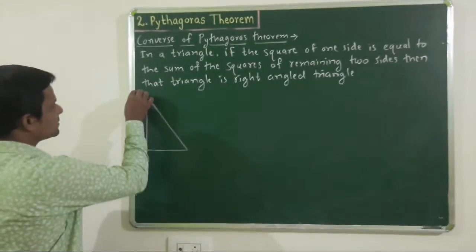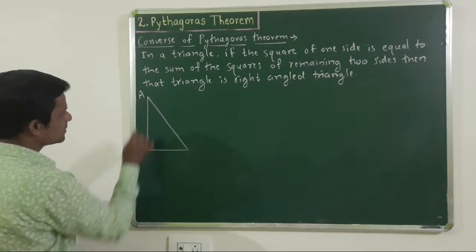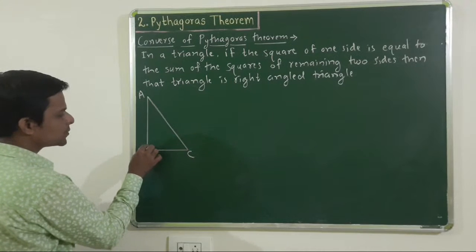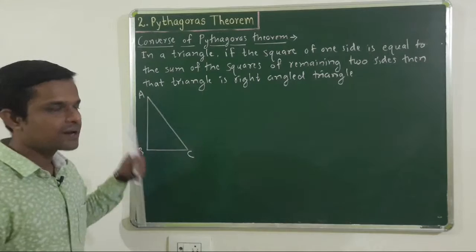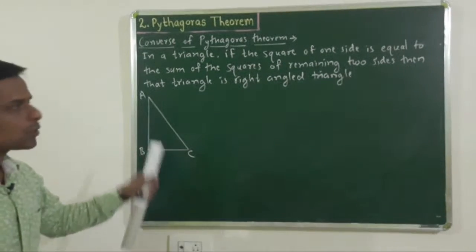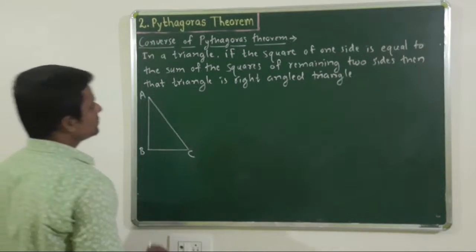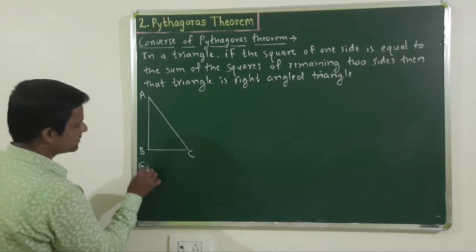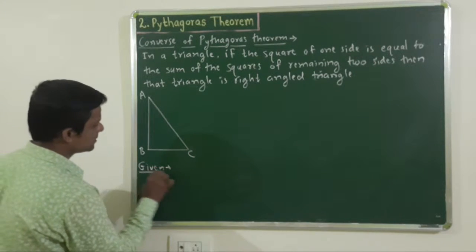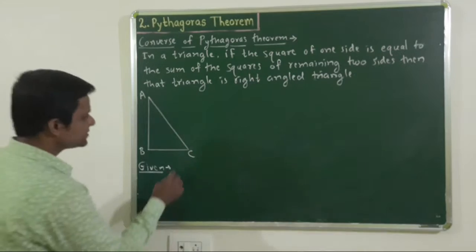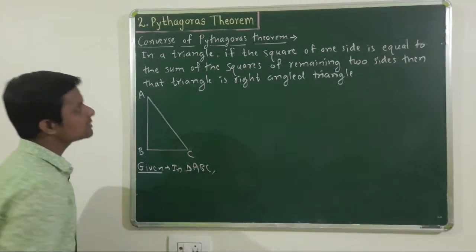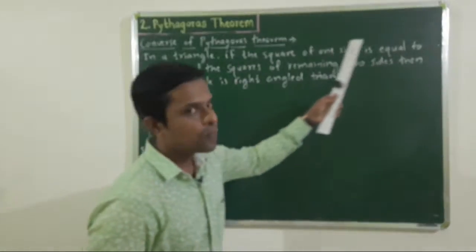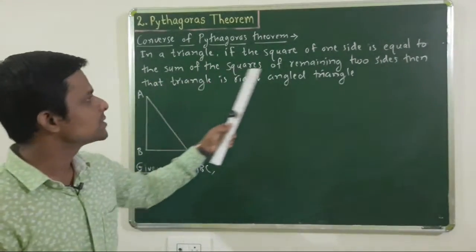Suppose triangle ABC. I am not going to write the symbol for right angle here, since we have to prove this triangle is a right angle triangle. Now it is not given. What is given? Simply one triangle. In triangle ABC, it is given that if the square of one side is equal to the sum of squares of the remaining two sides.